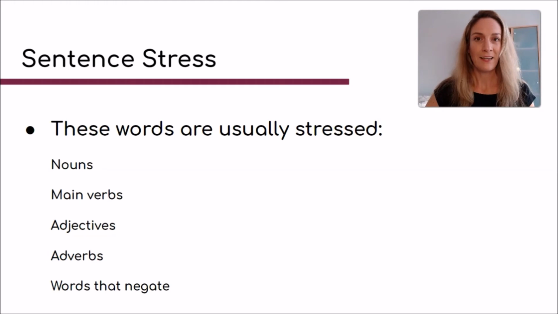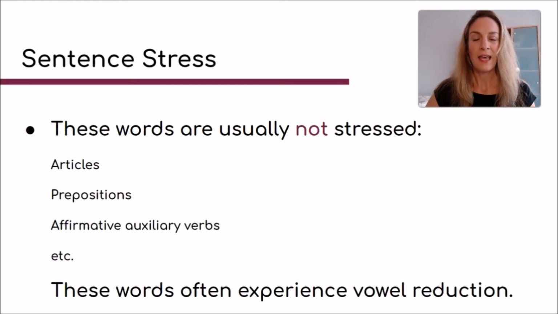So that's really a very simple summary, okay? And therefore words that are usually not stressed are articles, prepositions, affirmative auxiliary verbs, etc. Okay, so this is just a rough rule and list really of which words are stressed and which are not stressed.